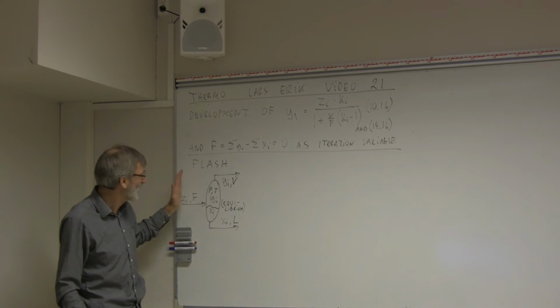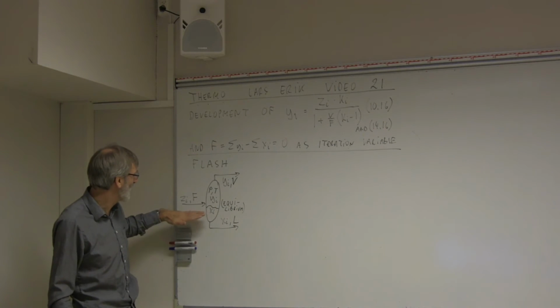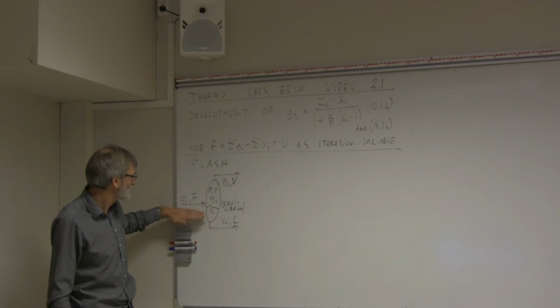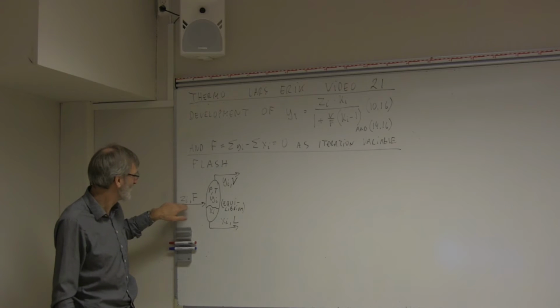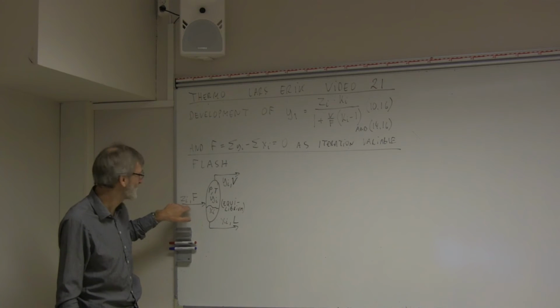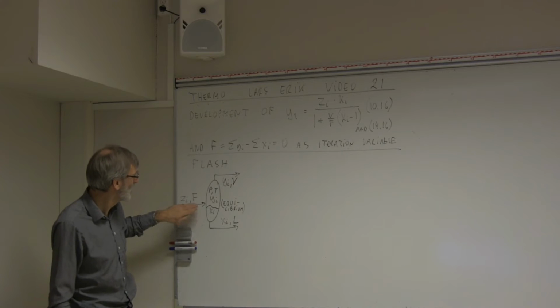The flash situation is that we have a feed with a known composition. The z's are the mole fractions, F is the total feed.